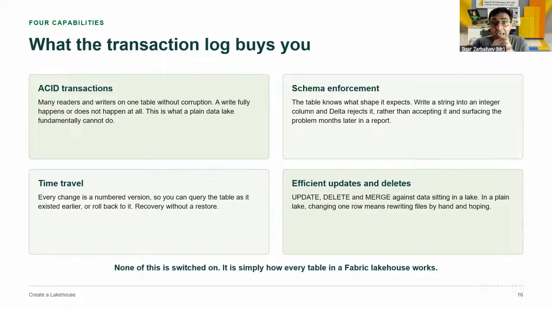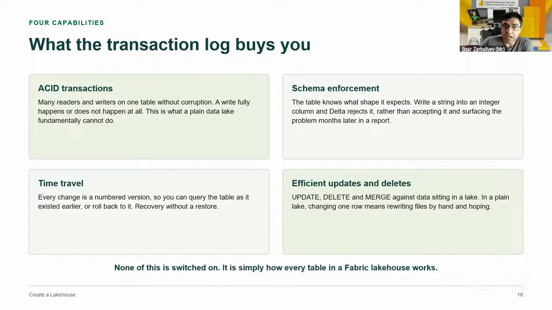Write a string into an integer column and Delta rejects the write rather than accepting it and leaving you to discover the problem three months later in a report that the director is reading. Time travel. Because every change is a numbered version, you can query the table as it existed at an earlier version. We will spend a slide on this next.